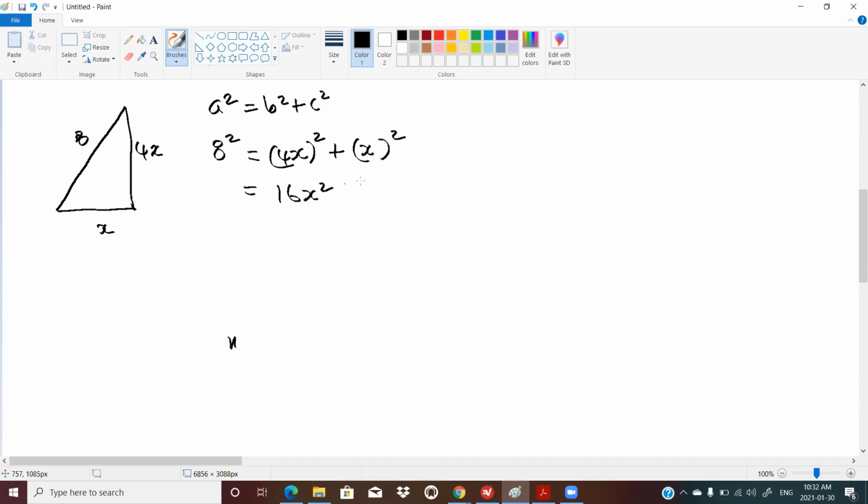So this is 16x squared plus x squared, and 8 squared is 64. So what you have is 64 is equal to 17x squared. Now we're going to isolate, so x squared is equal to 64 divided by 17. Hopefully that is a nice and clean division. Well, it's not nice and clean.